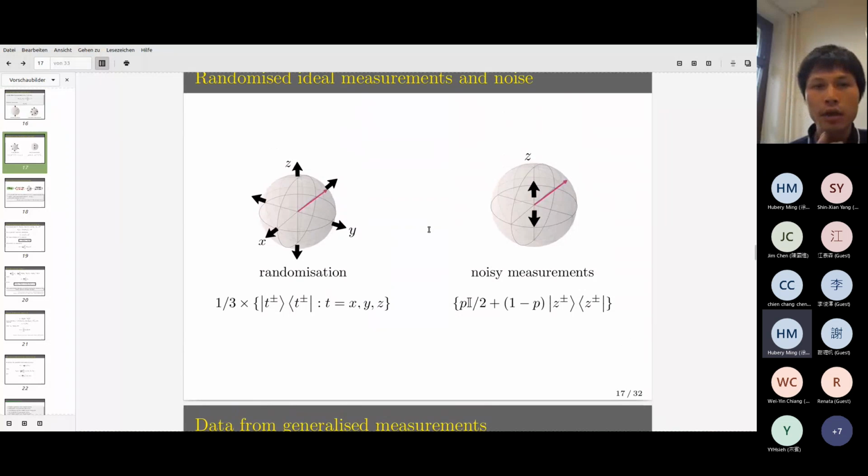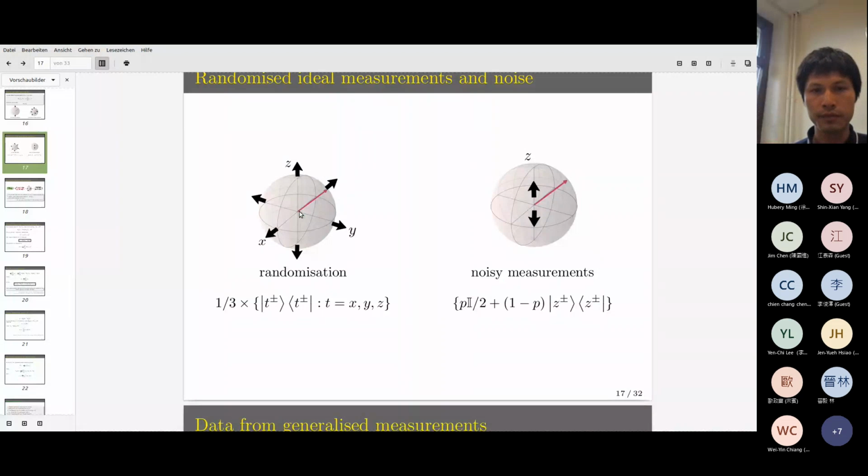So if you do randomization, you flip a coin and choose to measure sigma x with probability 1/3, sigma z with probability 1/3, or sigma y with probability 1/3. This is exactly equivalent to one single generalized measurement. So these are two different ways of implementing things, which are at the end of the day completely equivalent.